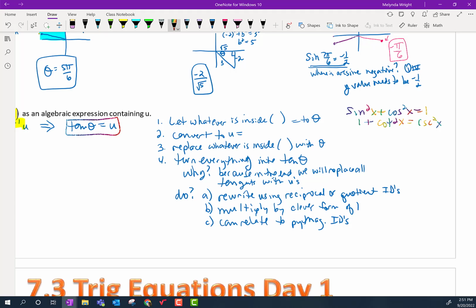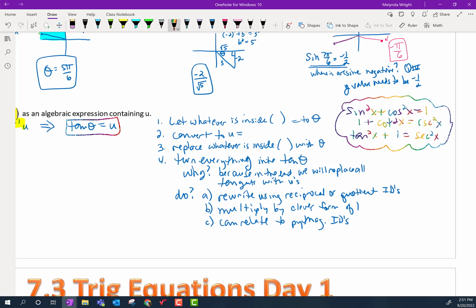If I divide everything by cosine squared, I get tangent squared plus 1 equals, what's secant squared? Okay, so these are a key last resort.